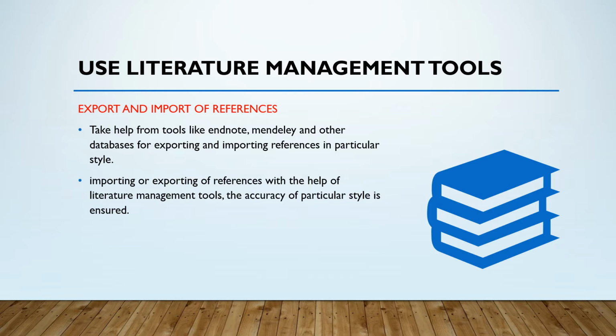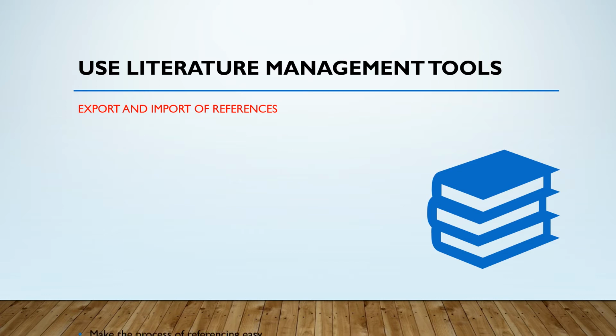By exporting and importing references with the help of literature management tools, the accuracy of a particular style is ensured, and it makes the process of referencing easy for you.